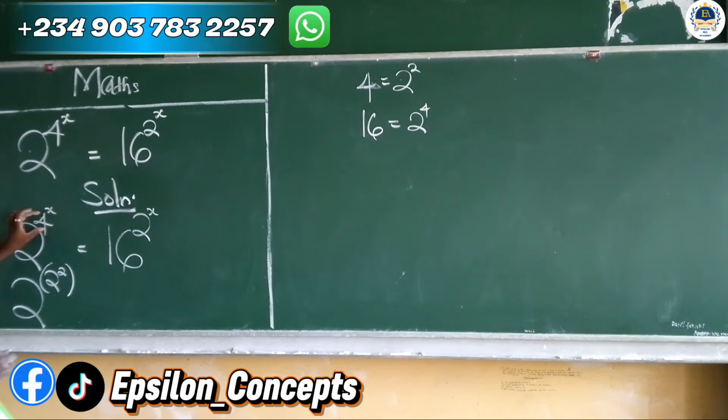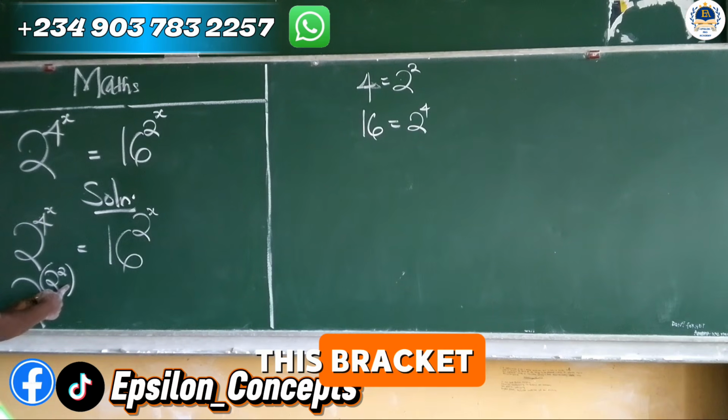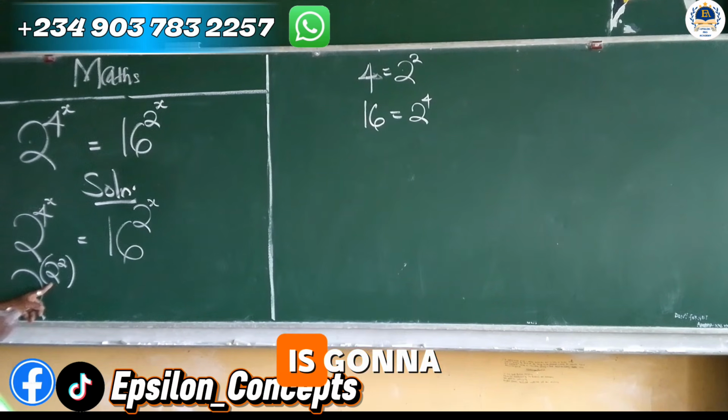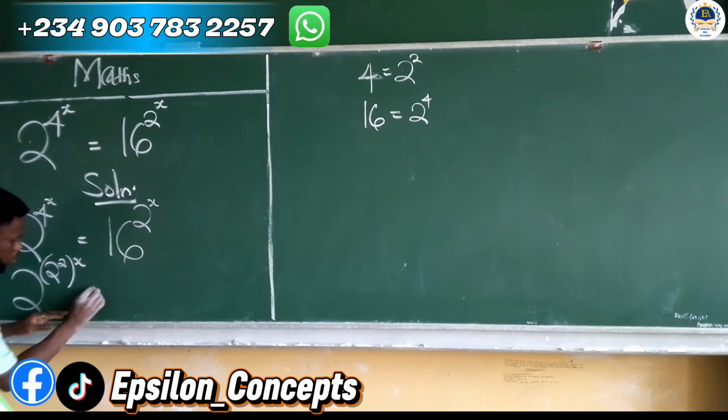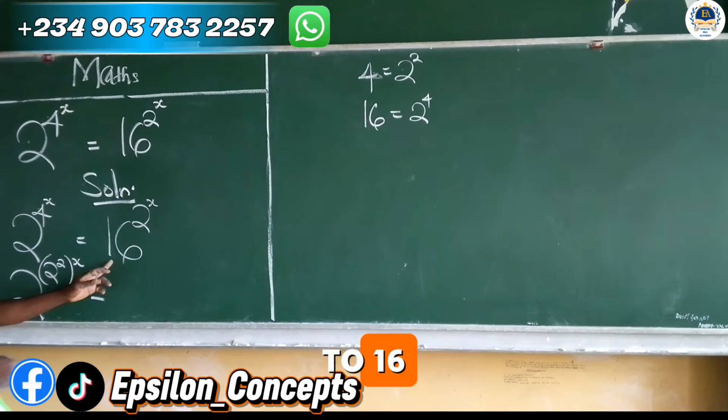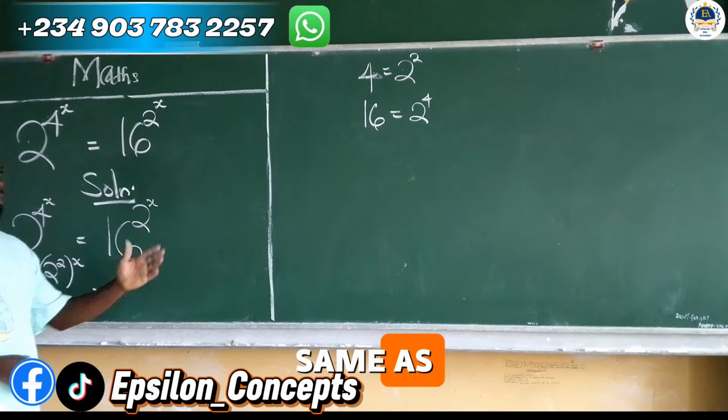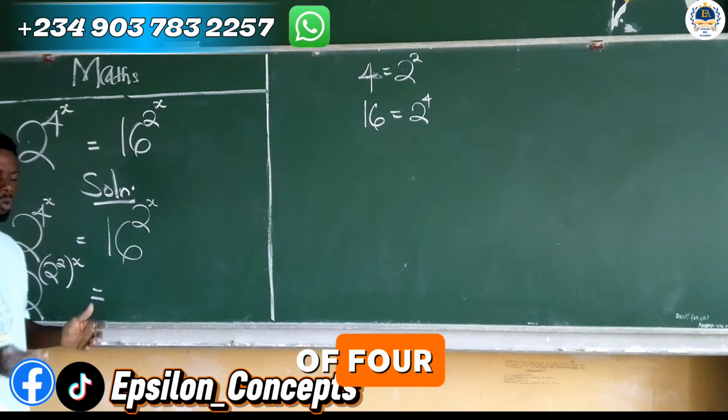This 4 is raised to the power of x. That means this bracket that represents 4 is going to be raised to the power of x, which is equal to 16, the same as 2 raised to the power of 4.